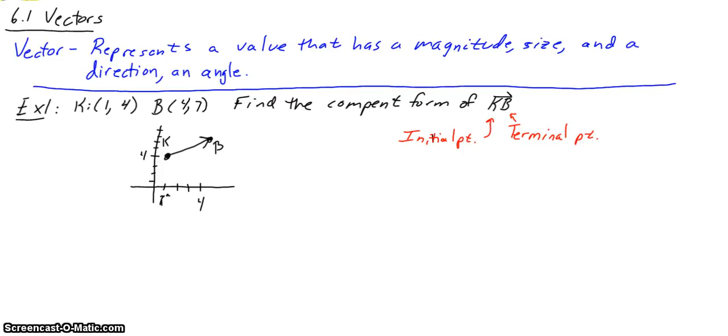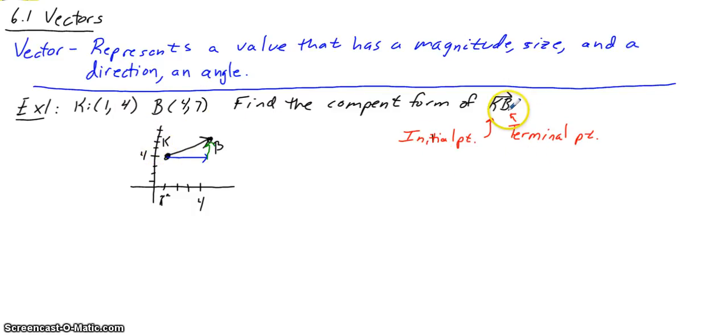Now, to find the component form, what we're looking for is, okay, how far and in what direction does X change, the horizontal, and how far does the Y, the vertical, change? Well, to do that, we just find the change in X and the change in Y. Since we want to make sure we go the correct direction, it's terminal minus initial.